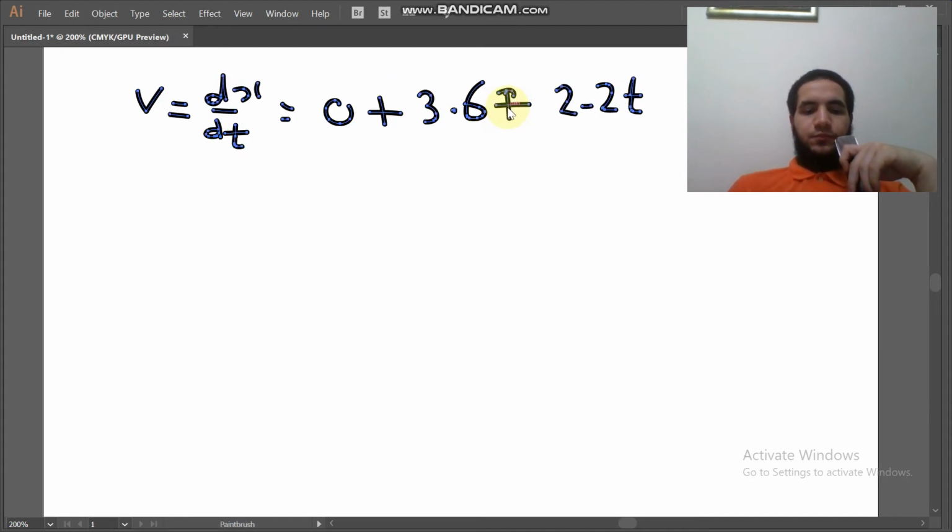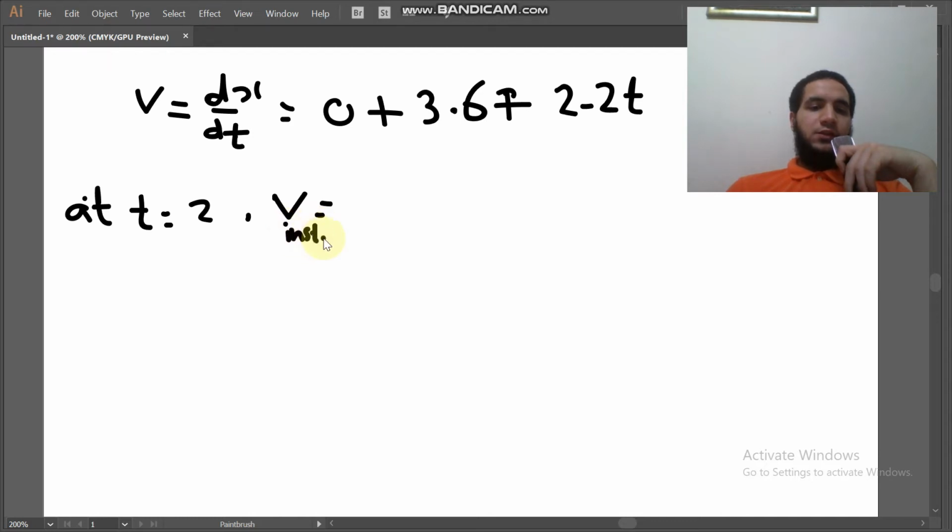So at t equals 2, v equals, and when we say v, we mean instantaneous. We don't have to say instantaneous, because any v actually is instantaneous, but we need to indicate that v is average when we get the average velocity, saying v av.